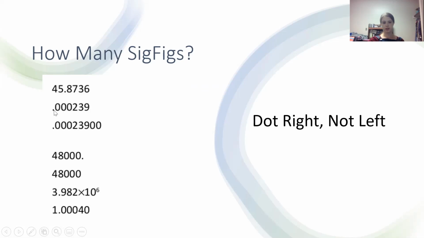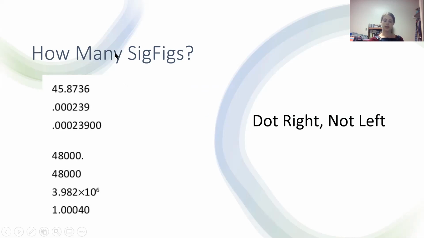So for this one, dot, so you'll start right, 1, 2, 3, and then there's zeros. So those ones aren't. So there's 3 significant digits. And if there's not a dot, for example, on this one, then you start counting at the left. There's 1, 2, and then the rest are zeros. So there's 2 significant digits.